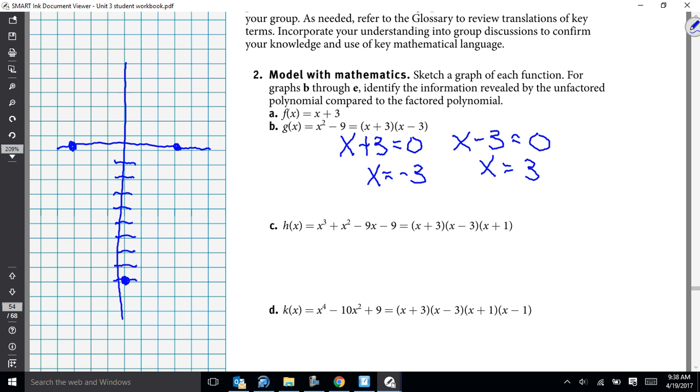So here's my y-intercept, here are my two x-intercepts, and I know my ends are both pointing up. So that was pretty easy to graph without pulling out a calculator or Desmos, right? Knowing how to graph that can save you some time.